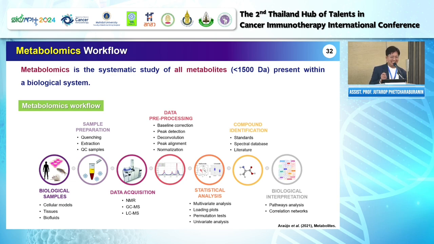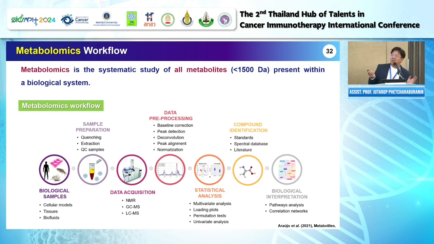So the known metabolites that humans have is about 250,000 metabolites that have been identified. But there would be some other transiently changed or transiently formed metabolites that our technology nowadays cannot detect. So that means there will be 250,000 plus that we don't know yet.